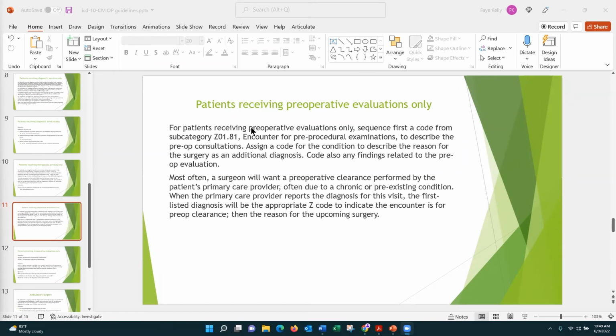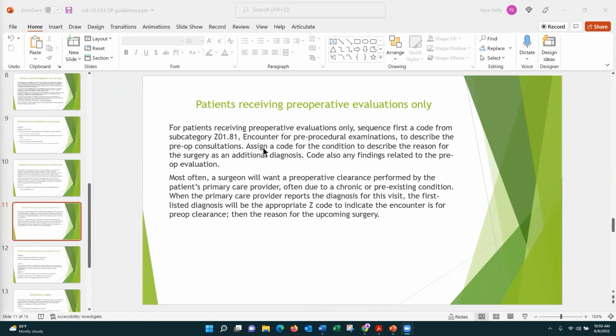So the guideline tells us for patients receiving those pre-op evaluations, you're going to sequence first a code from subcategory Z01.81, an encounter for pre-procedural examinations. So if it's a pre-op consult, you're going to have to assign Z01.81.